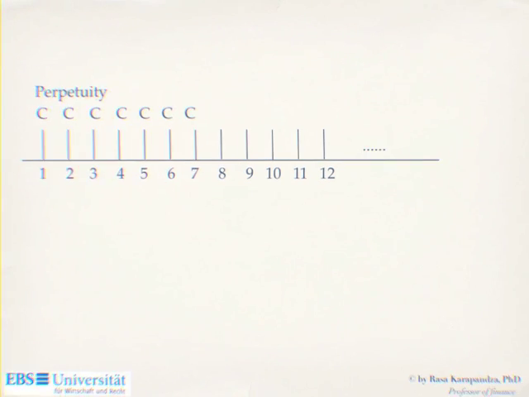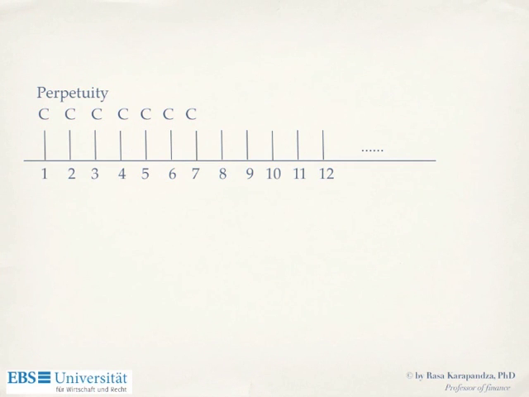Now we said there are some very special cash flow streams, and we have learned and derived formulas to calculate present values of these special cash flow streams. One very special cash flow stream is called perpetuity.